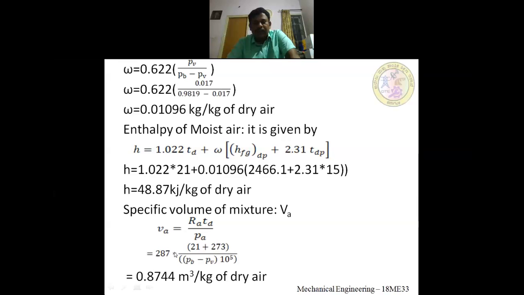The dry bulb temperature is converted into Kelvin by adding 273, and the pressure of dry air is nothing but PB minus PV. PB you know, 0.9819 minus PV, which is 0.017, into 10⁵. Just simplify, you are going to get 0.8744 meter cube per kg of dry air. Understood how to find?